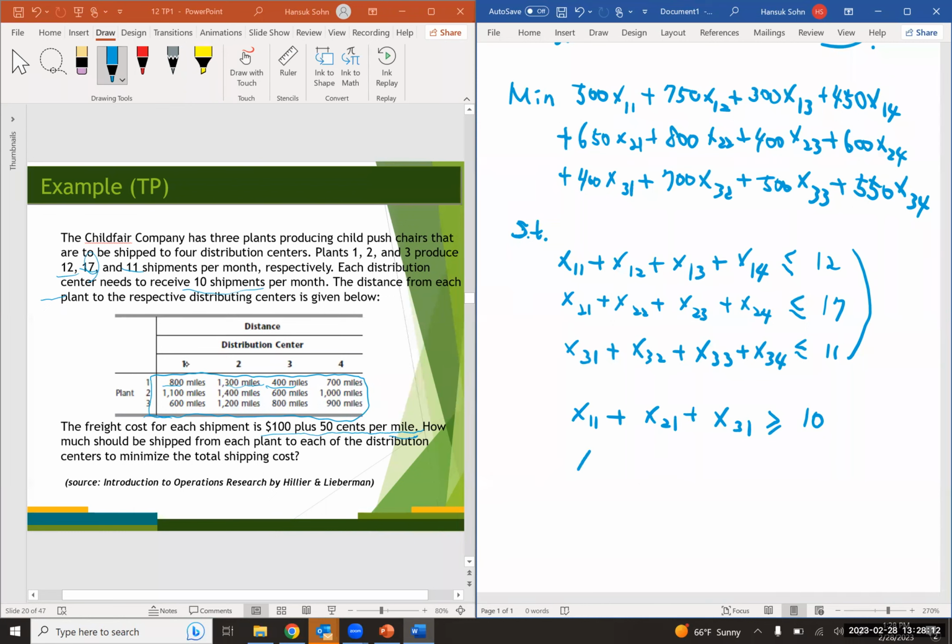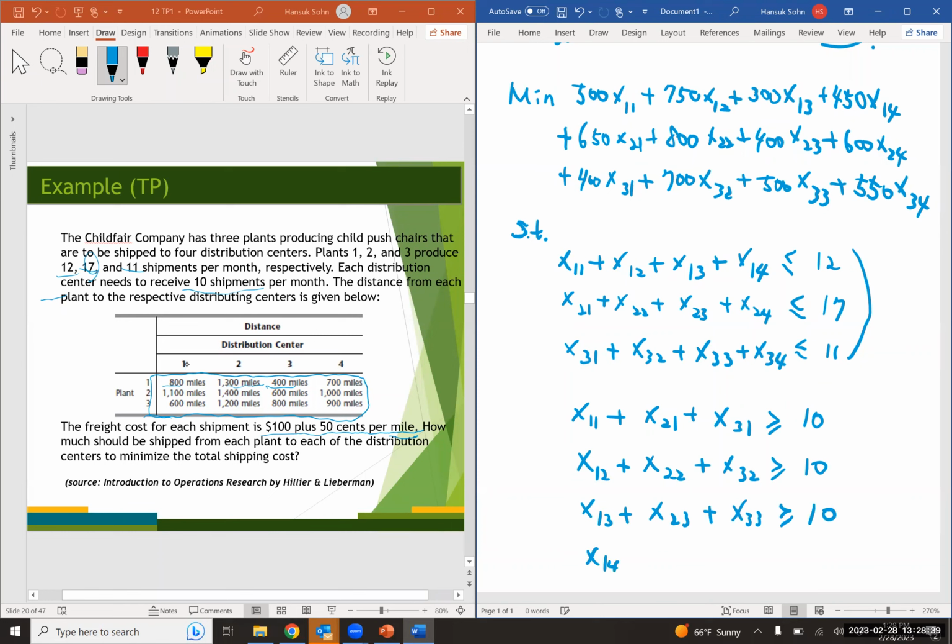Okay. Our second demand constraint would be x12, x22, x32 has to be greater than or equal to 10. Likewise, x13, x23, x33 has to be greater than or equal to 10 again.